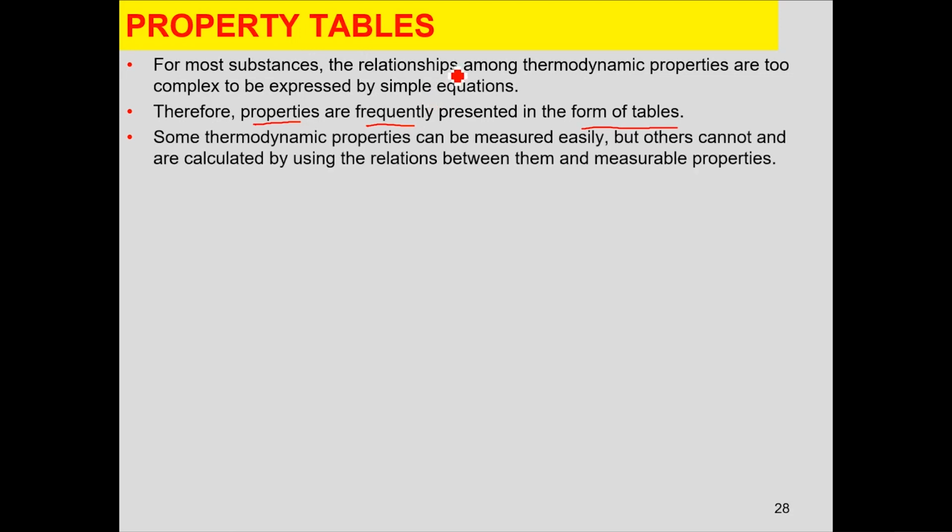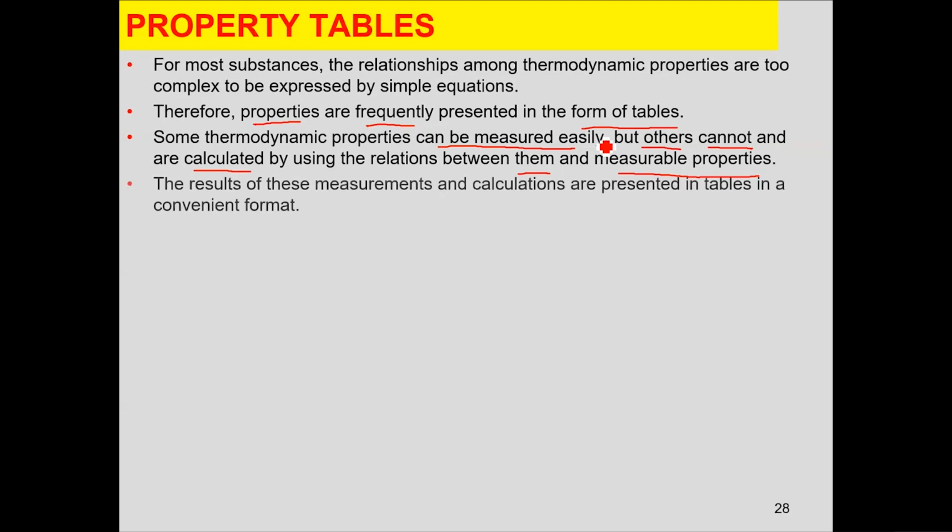Number two, there are certain thermodynamic properties that can be measured easily and directly, but there are others that cannot be measured directly, and they are calculated based on a relationship between the measurable properties and the non-measurable properties. Fortunately, you don't have to perform the experiment, calculate, or measure.